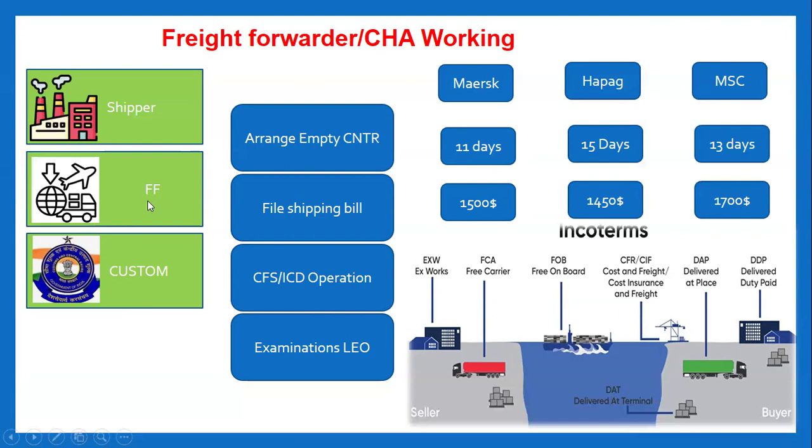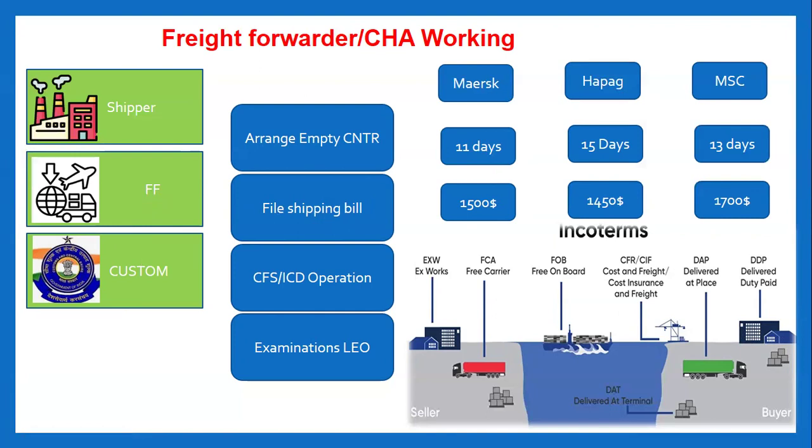Previously we already shared the invoice with the shipping line for the booking of the container, but at this stage we need to share it along with the packing list and commercial invoice. On the basis of this packing list and commercial invoice, the Freight Forwarder files the shipping bill in the customs.